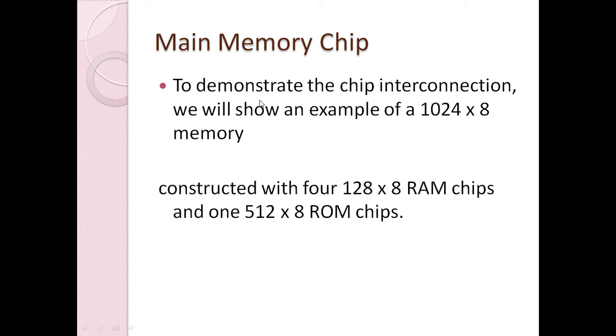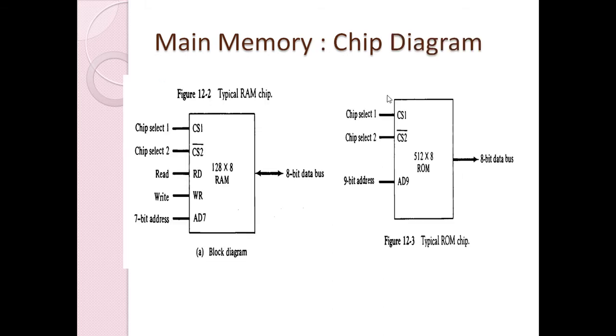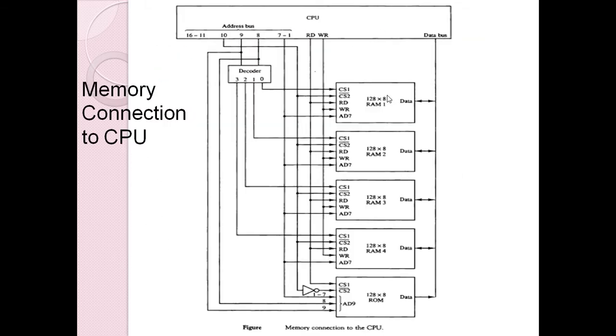To demonstrate how the main memory chips are interconnected with the CPU lines, we will take an example. Here you see that we want to connect four RAM chips, RAM 1, RAM 2, RAM 3, RAM 4.